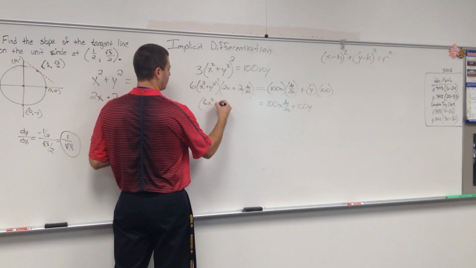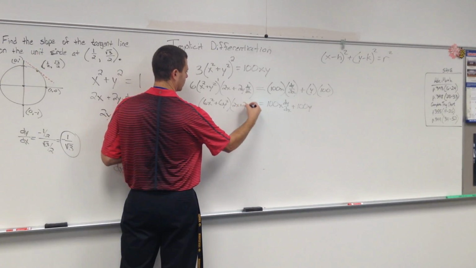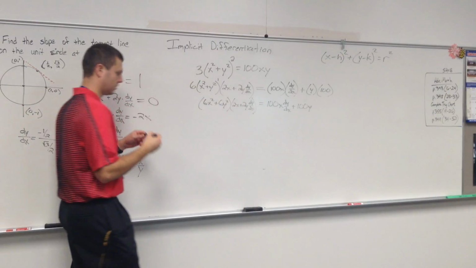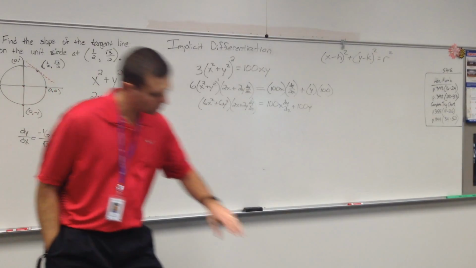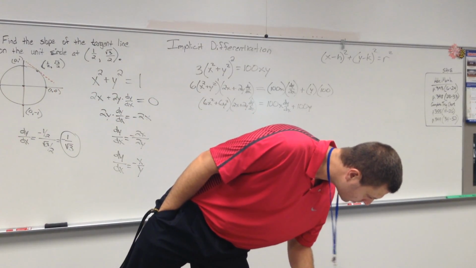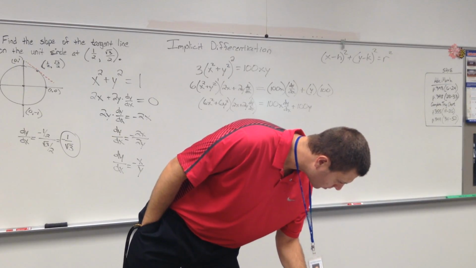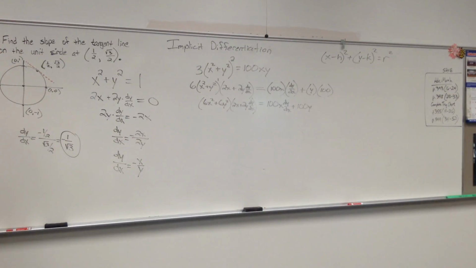So I'm going to distribute the 6. Then do we have to FOIL? I think we're probably going to FOIL.